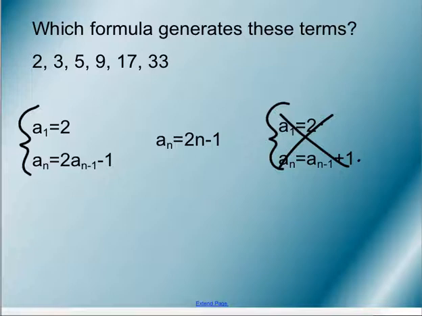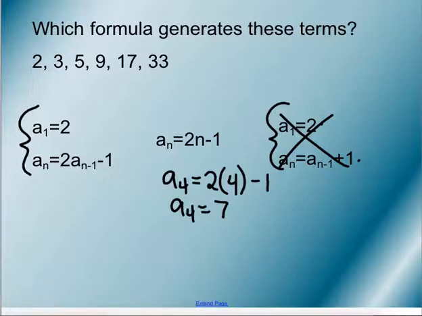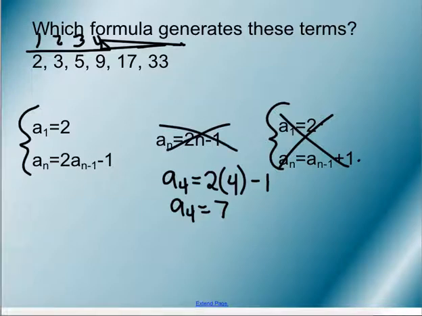So let's plug in some numbers and say, what if we do a sub 4 with this one? That would mean we need to do 2 times 4 minus 1. And that means a sub 4 should be 7. Well, is a sub 4 7? No, it's not. Because we can see that our fourth term here is 9, so this one's not going to work. Let's try our last one, make sure it works.